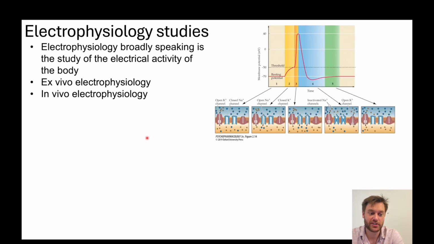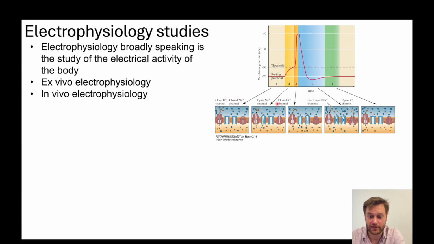What electrophysiology is studying is basically how do action potentials occur? What kind of channels are being used to cause the action potential? Is it sodium? Is it potassium? Is it chloride? And it just gets very complicated very quickly. What this diagram is showing only has to do with sodium channels and potassium channels, but it doesn't show us how many subcategorizations there are.